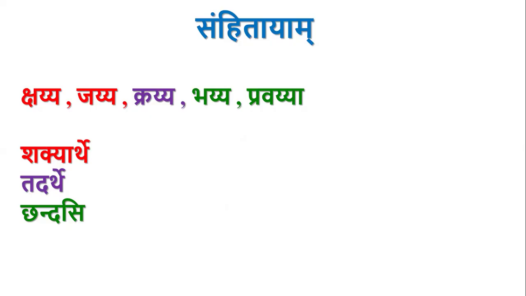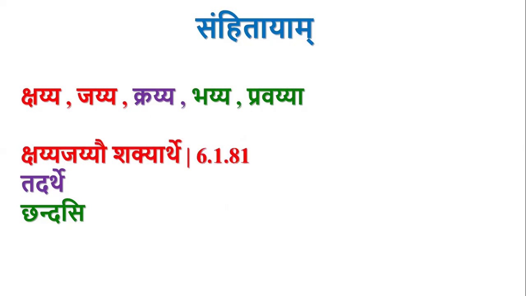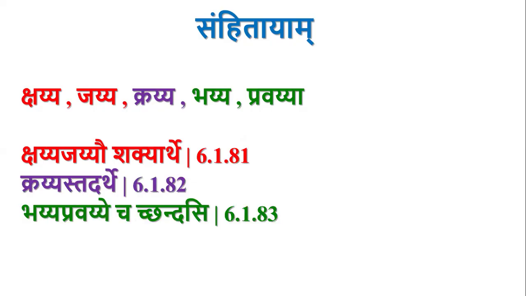Panini Maharshi has given the sutras like this: Shayajayau shakyarthe, kriyas tadarthe, bhaya pravaye cha chandasi. Here, by Kshayajayau shakyarthe, he has not given the prakriya for kshaya and jaya.